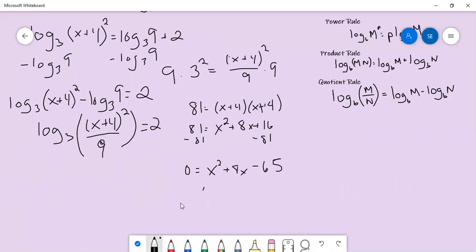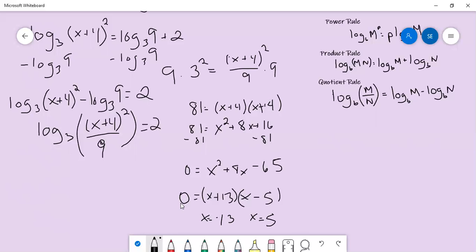Now we can factor this. We need two numbers that multiply to negative 65 and add to 8, that's plus 13 and minus 5. So x can equal negative 13, or x is equal to 5.